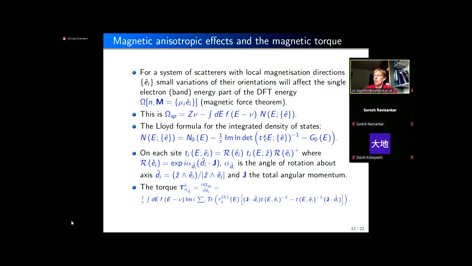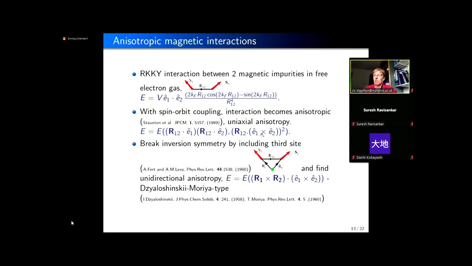If one goes through this carefully, for the time being let's just assume we're dealing with regular non-relativistic scattering. One can show that in the limit where you're pulling these two sites far apart, taking the asymptotic limit, you can deduce that the energy of interaction between them has this nice form.